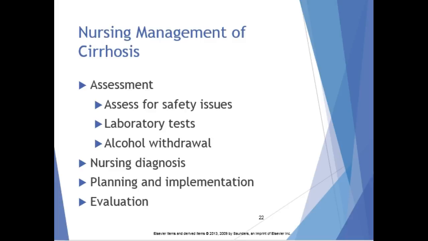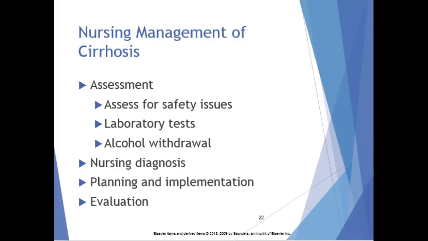Okay, some of the nursing diagnoses that you may see are actual or potential for altered breathing pattern, or altered gas exchange due to fluid accumulation in the chest or the abdominal ascites. They may have a potential for bleeding due to esophageal varices and decreased clotting factors.